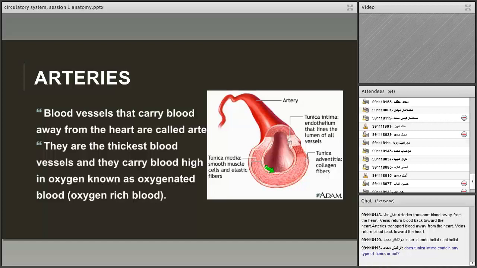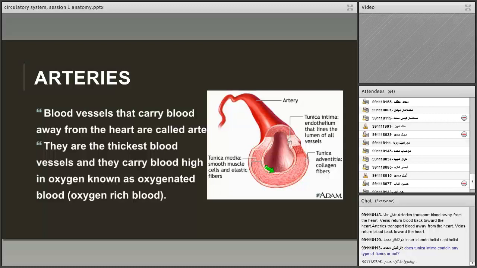The tunica intima doesn't have any fibers, it has just cells, but there are some other layers like the basement of the cells, and those are details that we don't need to explain. Okay?